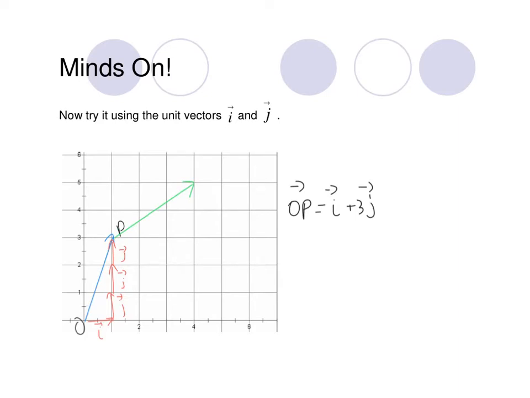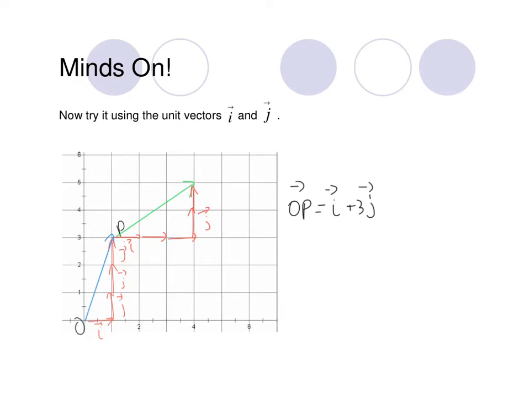And there's that vector, and notice this time we can do the same thing and say, well, we can do the i's and the j's. So 3 i's and 2 j's in this case. So now it's just a matter of counting the i's and j's to get from O to the tip of OP plus OQ.